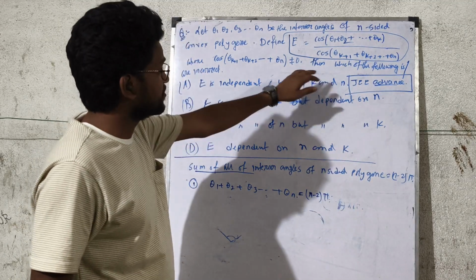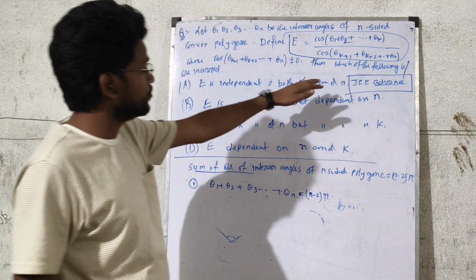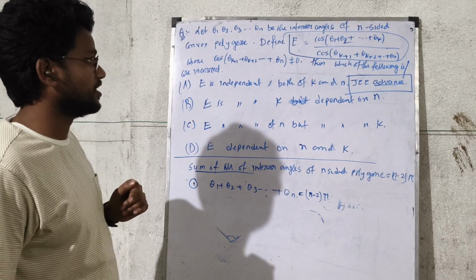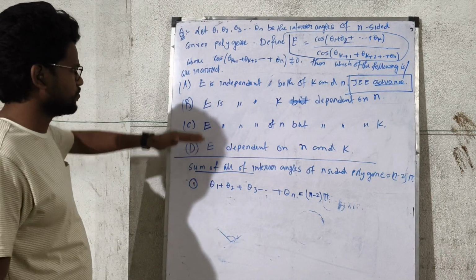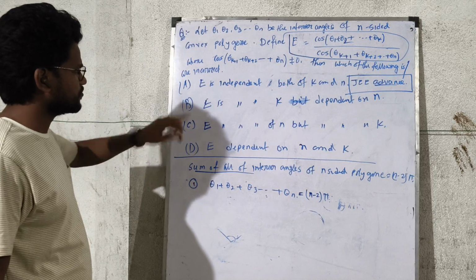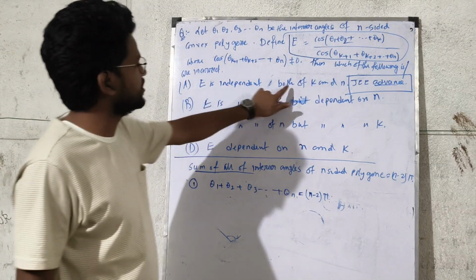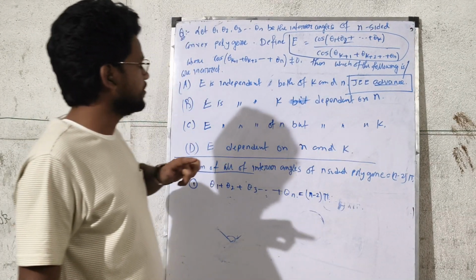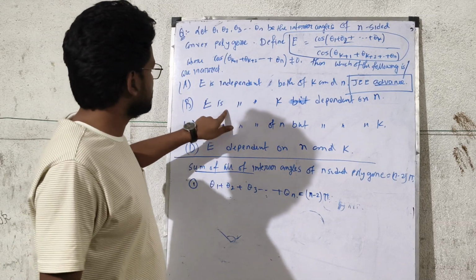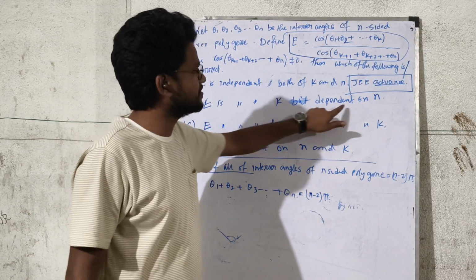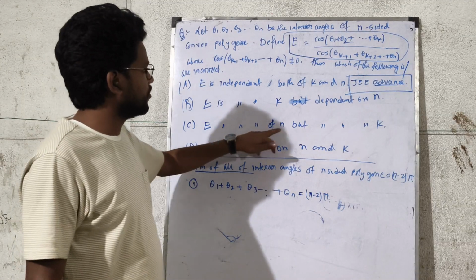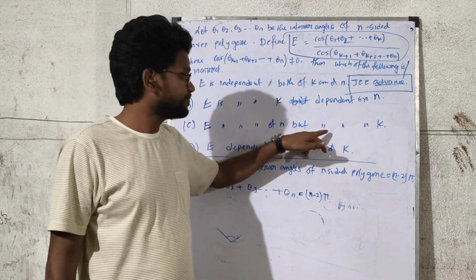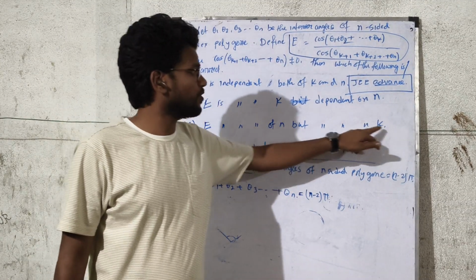The question asks which of the following are incorrect. Let's try to understand all the options one by one. The first option says E is independent of both k and n. Another says E is independent of k but dependent on n. Another says E is independent of n but dependent on k.